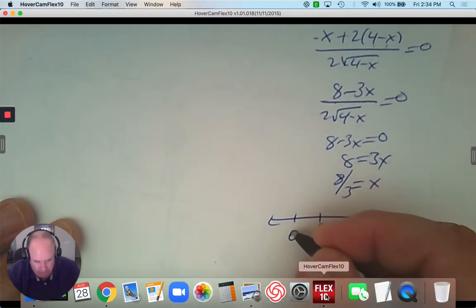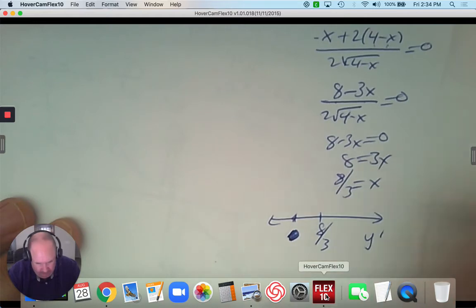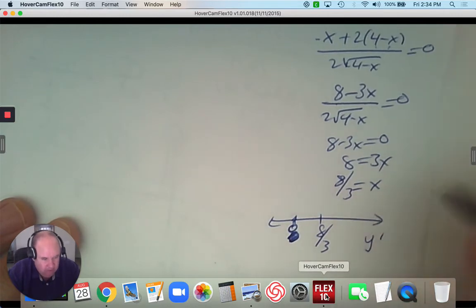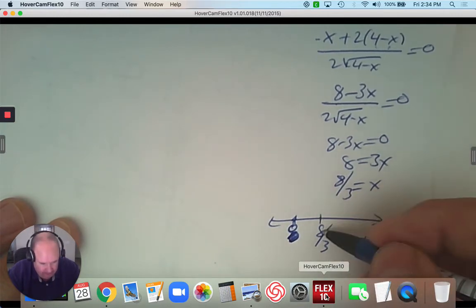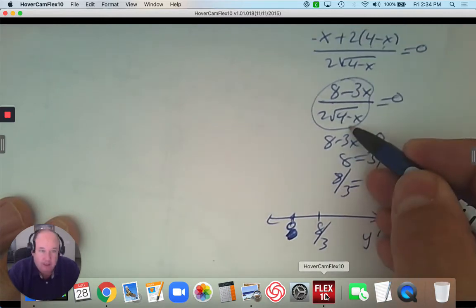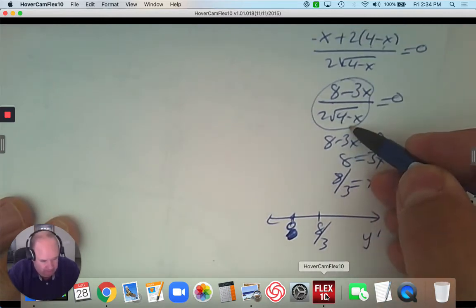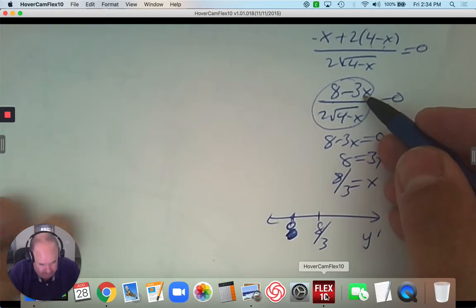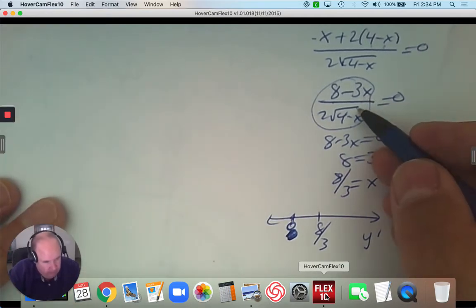Actually, I don't even need 0. Because there's a hole at 0, it's undefined in there, but ultimately, if you plug in a number that's smaller than 8/3, look here. The bottom will always be positive. If you plug in like 0, you would get a positive answer.